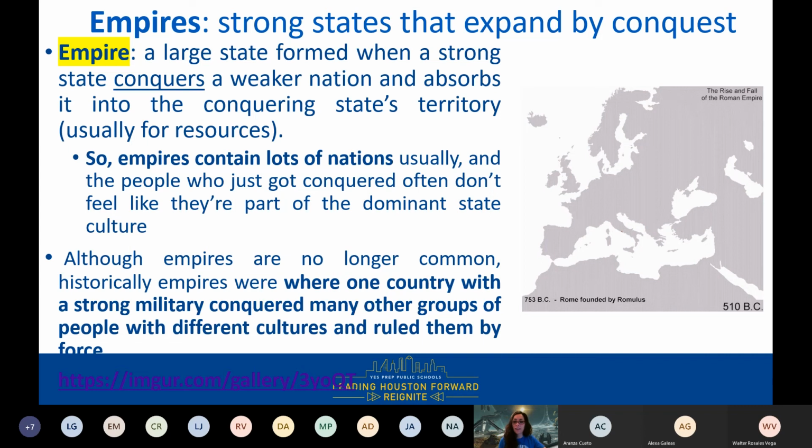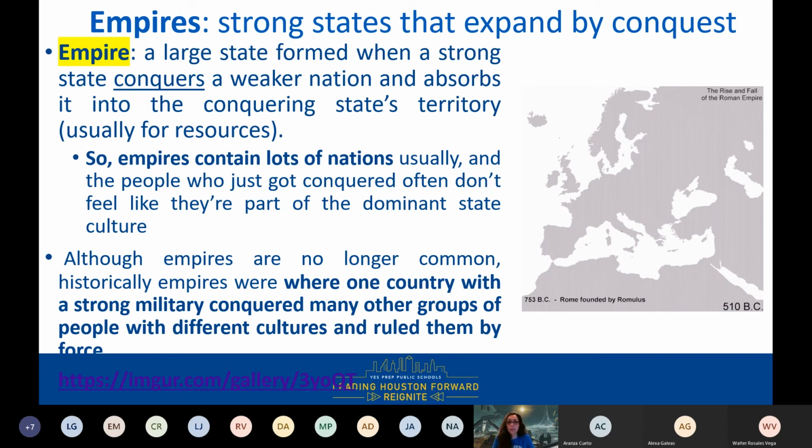That means that they, as a state, take over other nations, and people of those nations now belong to this bigger, more powerful state that they feel no connection to. So in that case, you would also have a state and a nation that aren't the same. You'd have people who are just conquered, who definitely don't feel like their identity is tied to the state that conquered them.